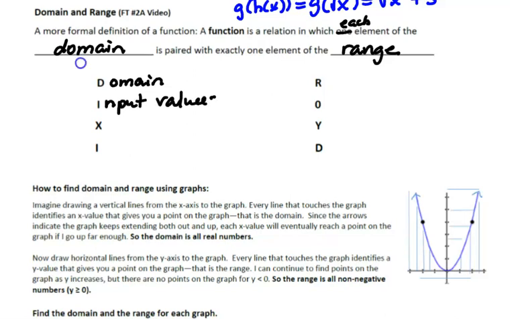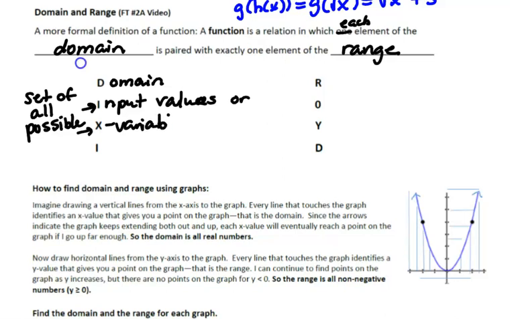Input values, which of course are the x variables. Okay, so we can say input values, and I want to write set of all possible input values or x variables in the function.